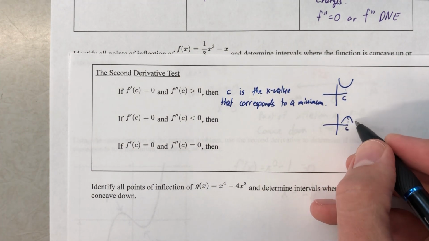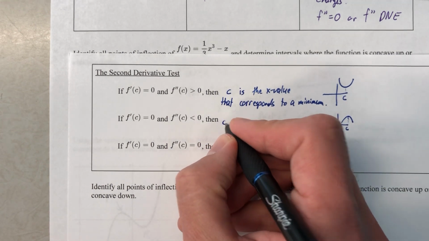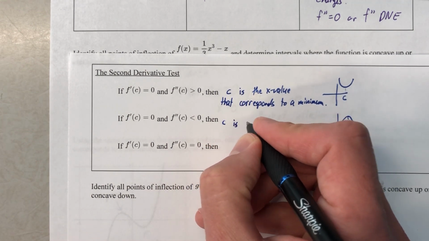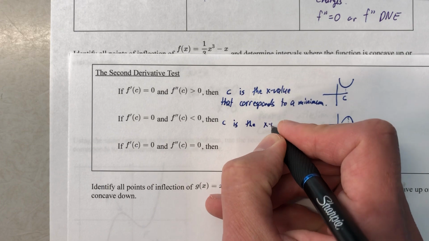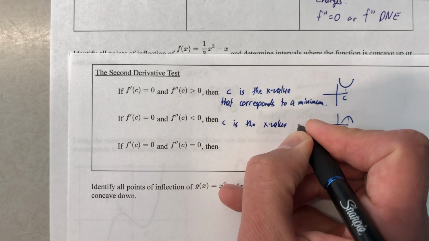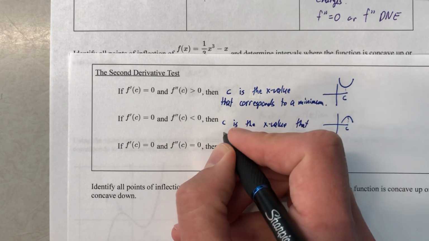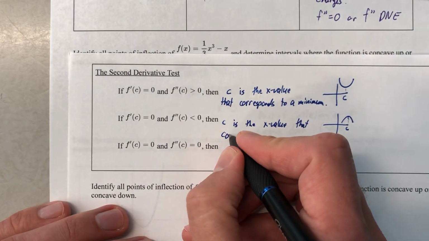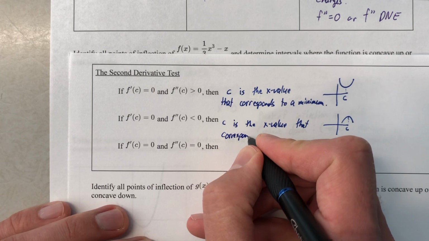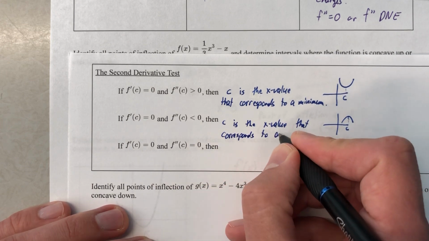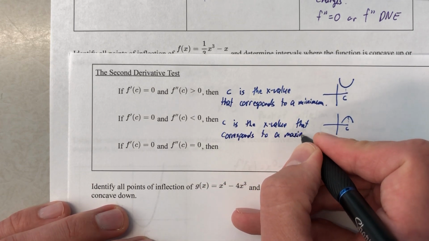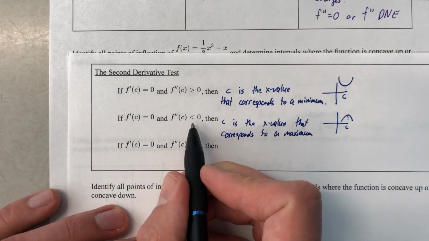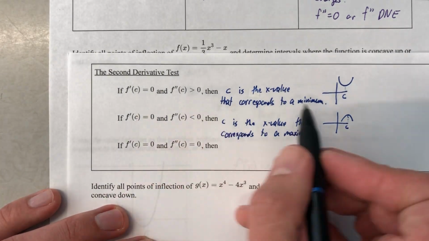Concave down, we're going to have a c that is the x value that corresponds, I know it seems wordy, but I'm really trying to articulate things very clearly, corresponds to a maximum. And it's a little backwards from what you might think, because if we have concave down, it's a maximum, concave up is a minimum.